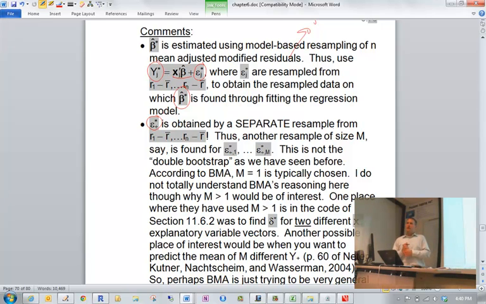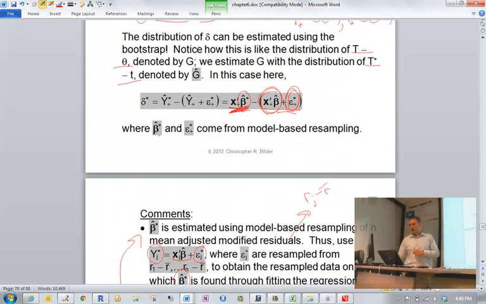So if you're interested in one particular x plus, you would need to do your resampling for beta hat star and then do a separate resampling to get one epsilon star in order to find this part here.